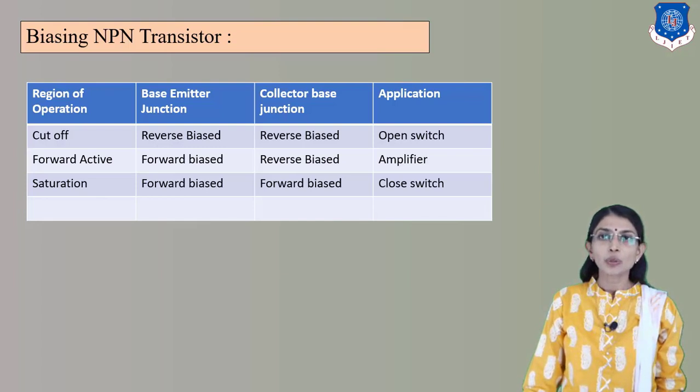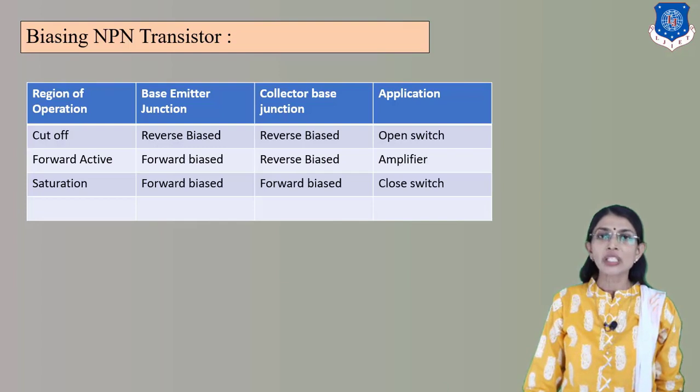Similarly, if both junctions are forward biased, then transistor goes into the saturation. In cutoff, it is used as an open switch. In a saturation region, the BJT is used as a closed switch or on switch.